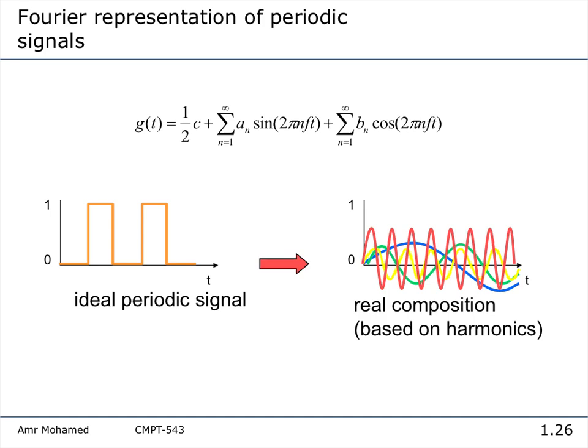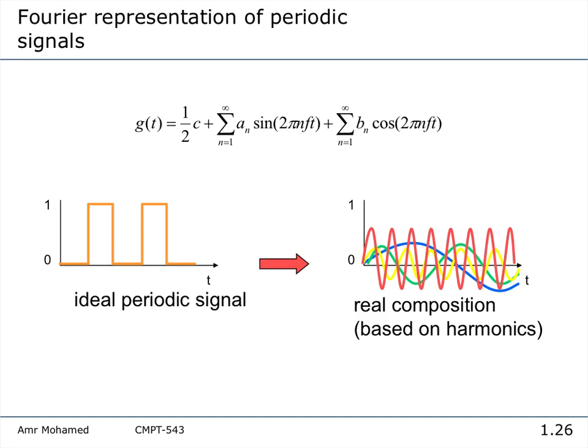This is an example of a periodic signal, so we have a period that repeats. In that case, I can rest assured that it will not be infinity here. I can represent this signal using a discrete set of frequencies. And these frequencies are discrete.